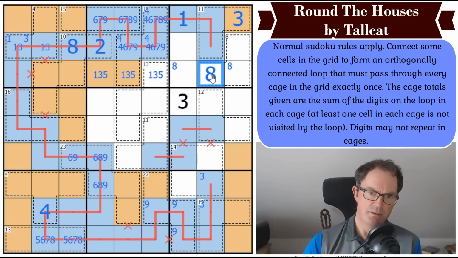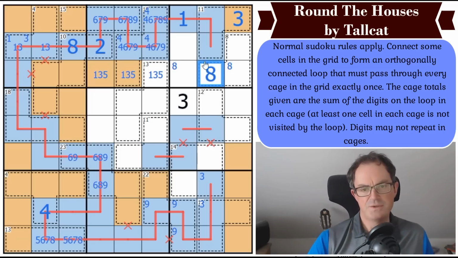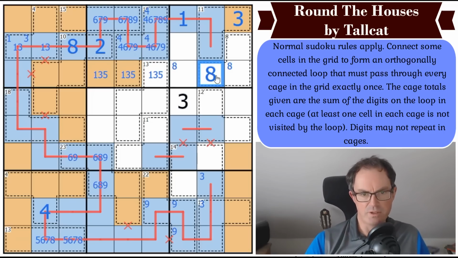Hang on a minute. Right, that doesn't work. This is difficult though. It's so difficult, I think this might not be what I meant to do.